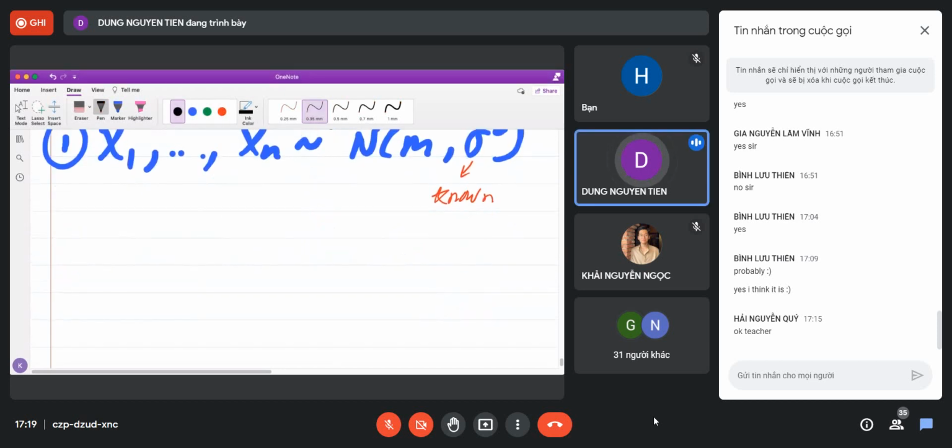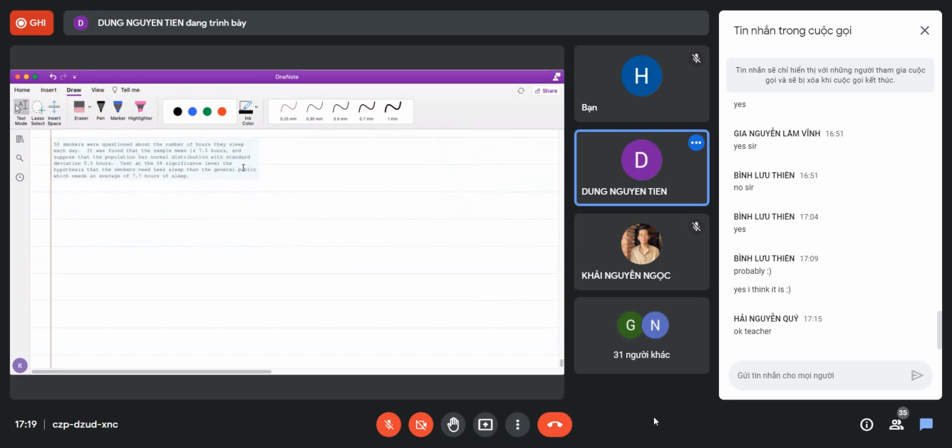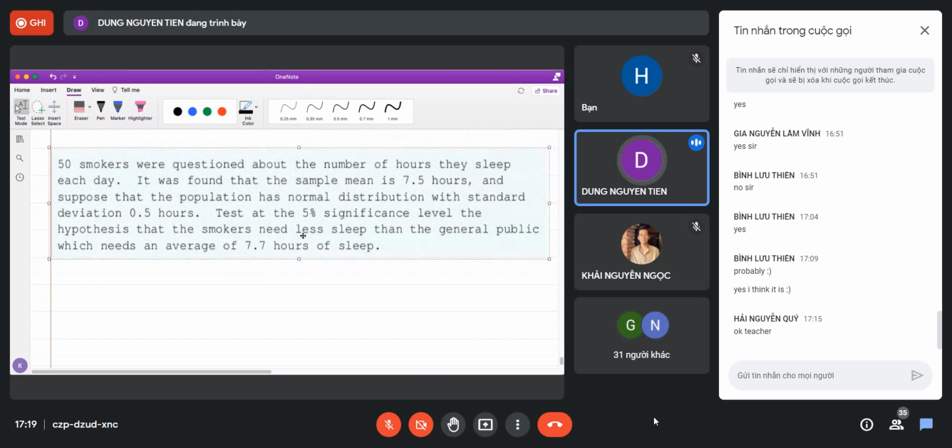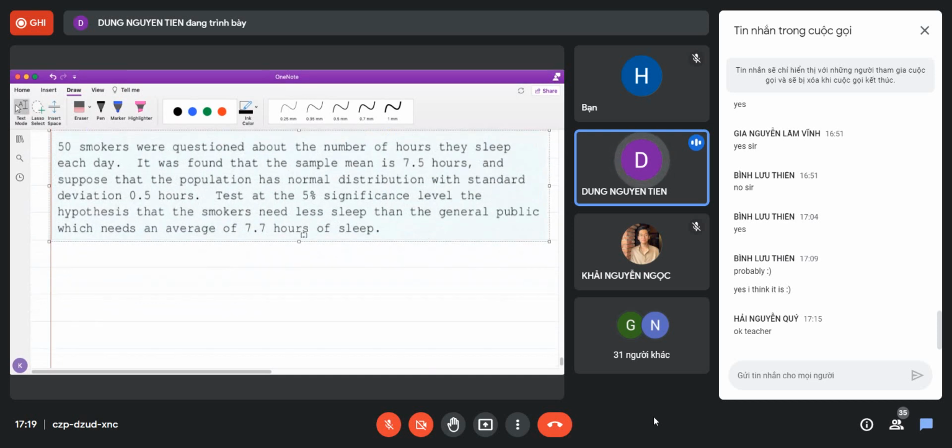All right. Here is the question. 50 smokers were questioned about the number of hours they sleep each day. It was found that the sample mean is 7.5 hours, and suppose that the population has normal distribution with standard deviation 0.5 hours.